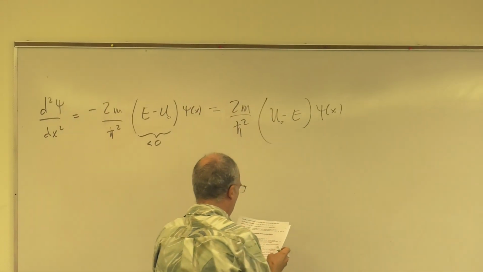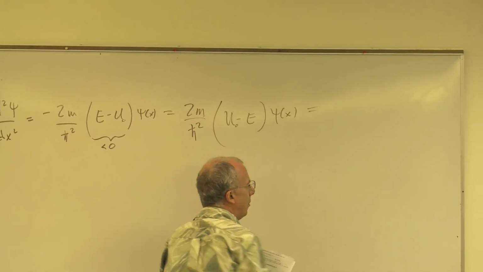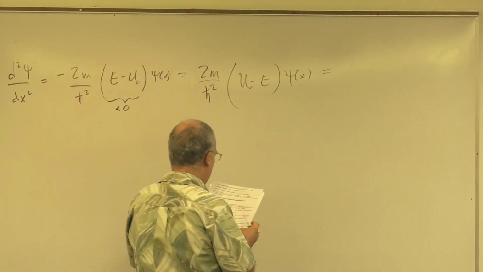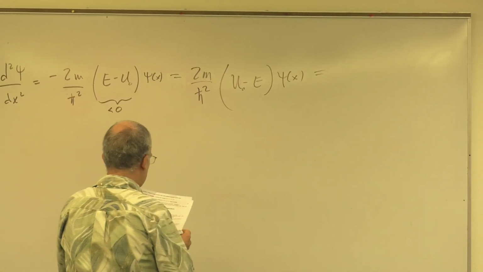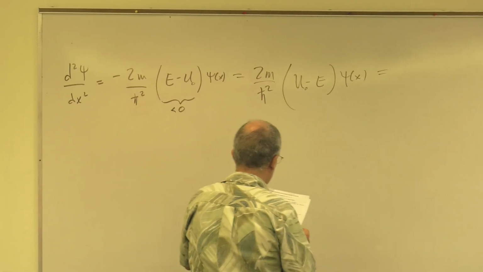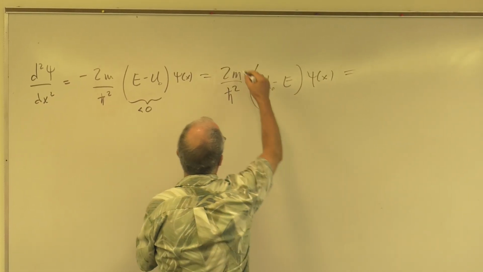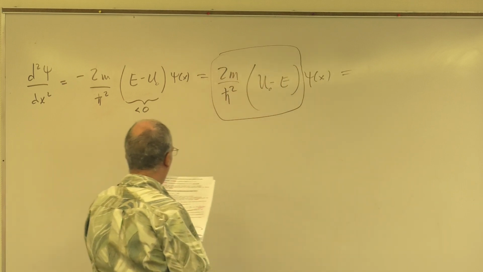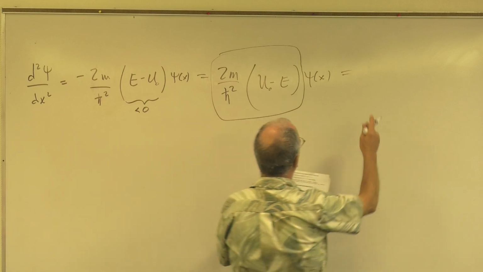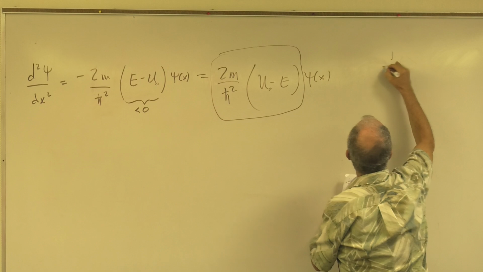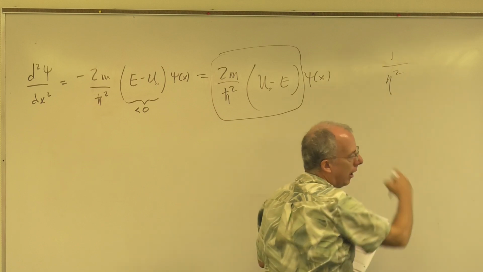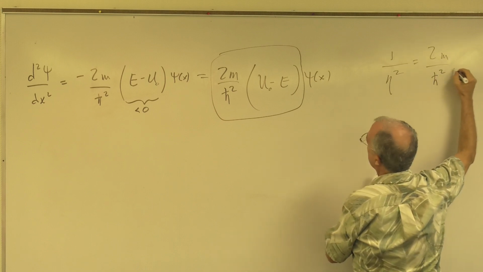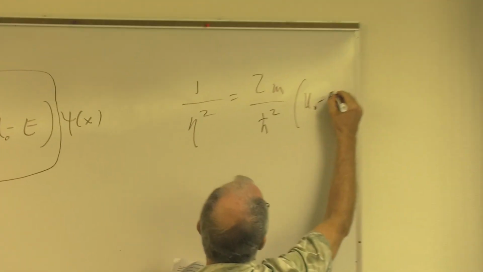Now we're going to do a trick that you've seen me do before, and there's a reason for it, so just don't worry about it. We're going to say that 1 over eta squared, this is eta, not an n, equals 2m over h bar squared times (U0 minus E).